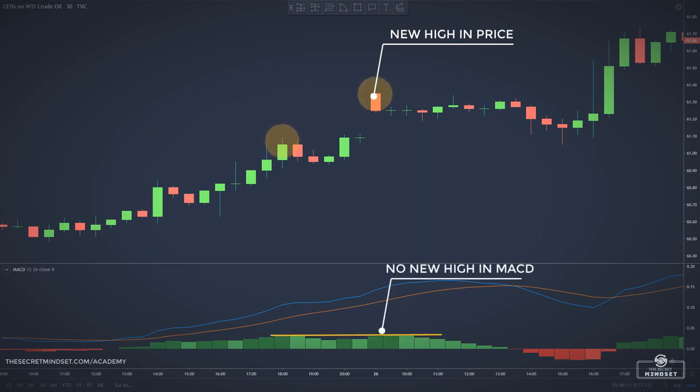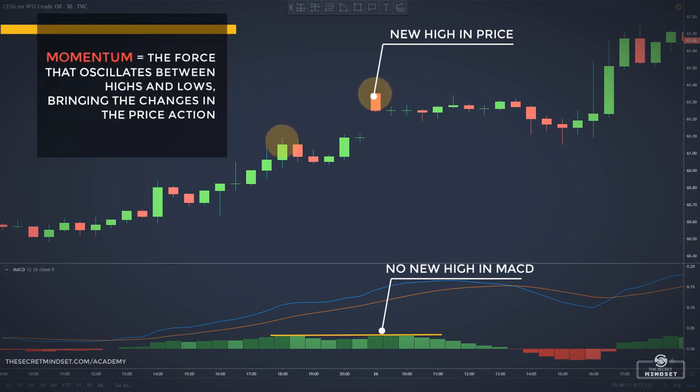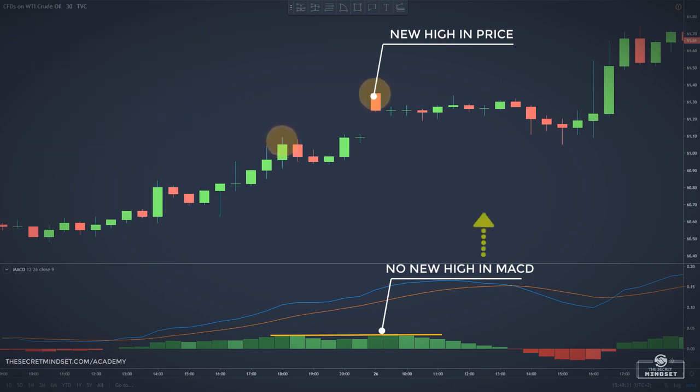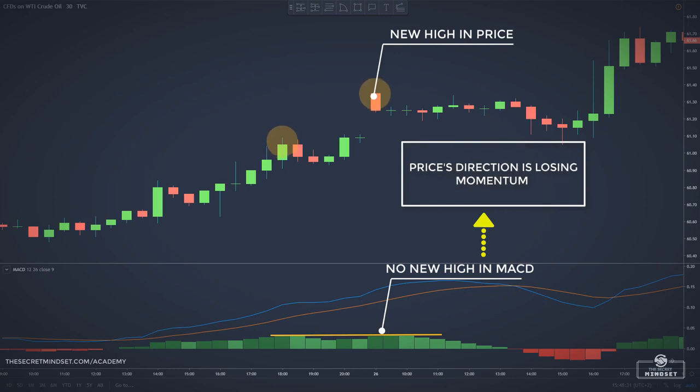After all, the markets are driven by momentum, and momentum is the force that oscillates between highs and lows, thereby bringing the changes in the price action. Traditionally, this would indicate that the price direction is losing momentum and is priming for a reversal. But on its own, this can also prove to be an unreliable trading signal.